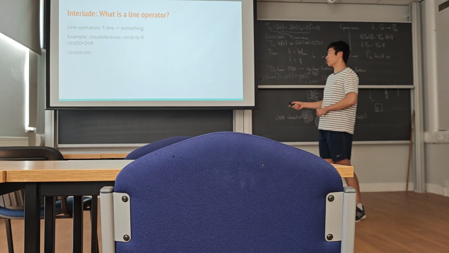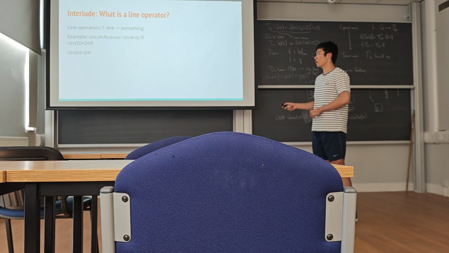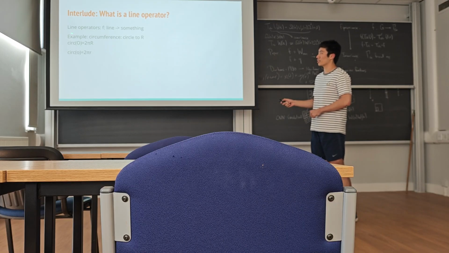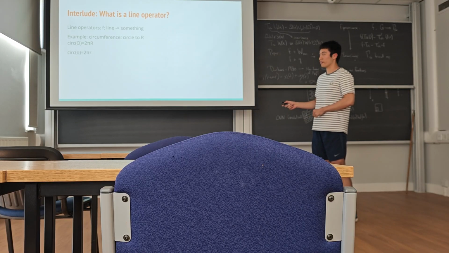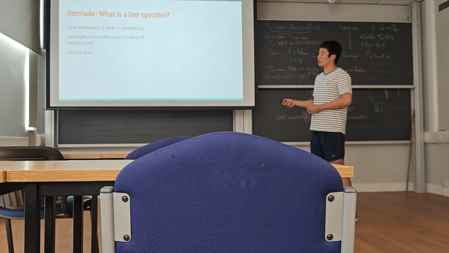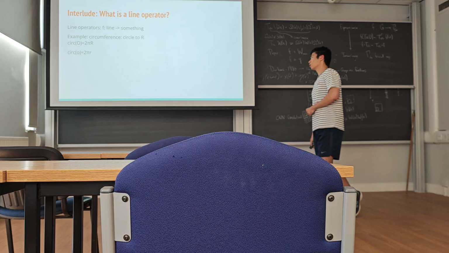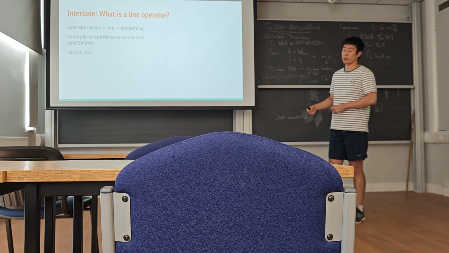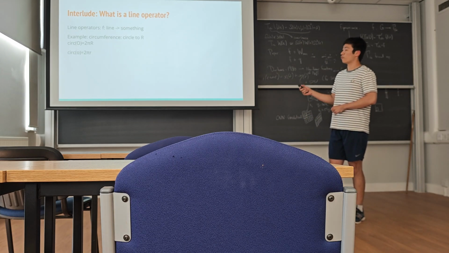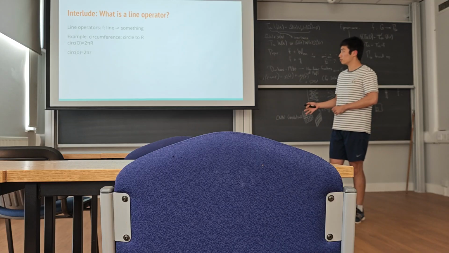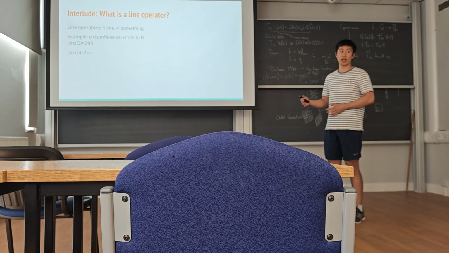So the easiest example is a circumference function. If you have a circumference function acting on a big circle, you get 2 pi big R. If you have a circumference acting on a small circle, then you have 2 pi small r. So notice that it has to be defined on a line. It doesn't make sense for us to talk about the circumference of a point. So that is the intuitive understanding of a line operator.